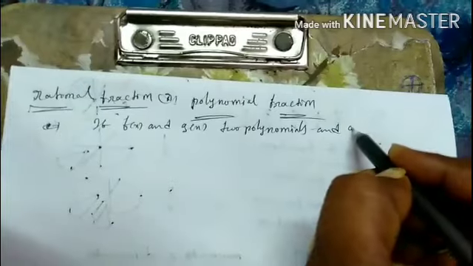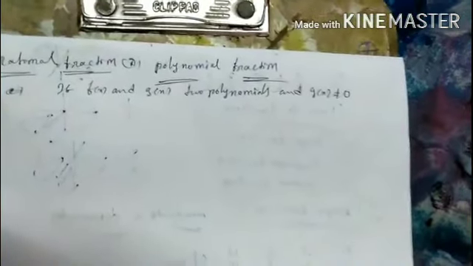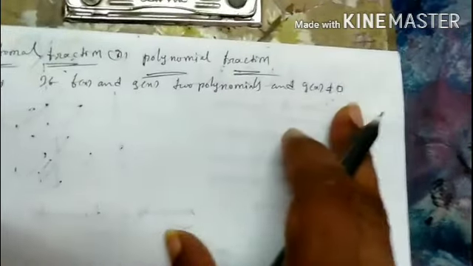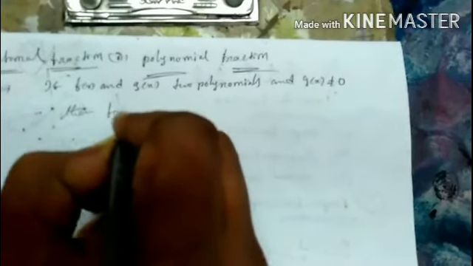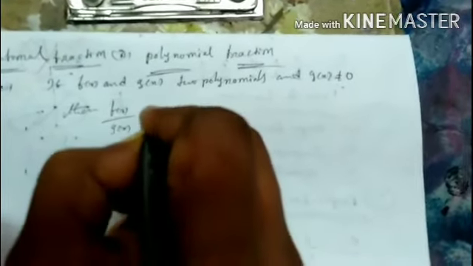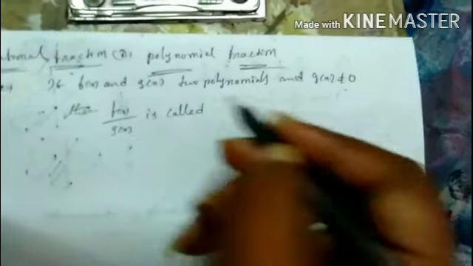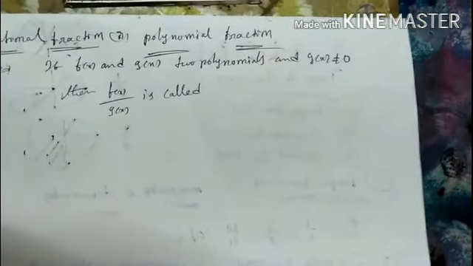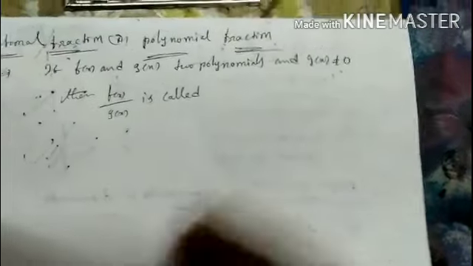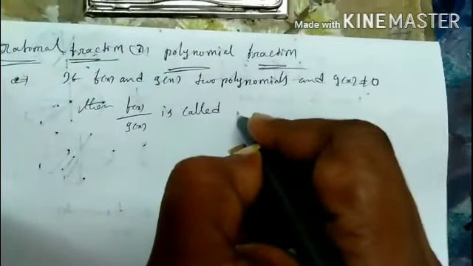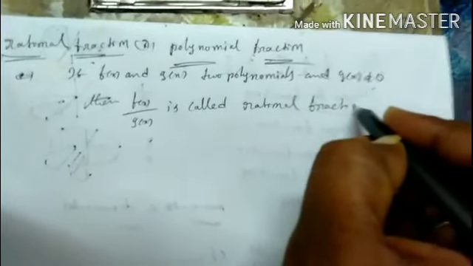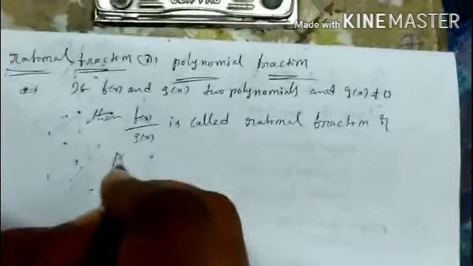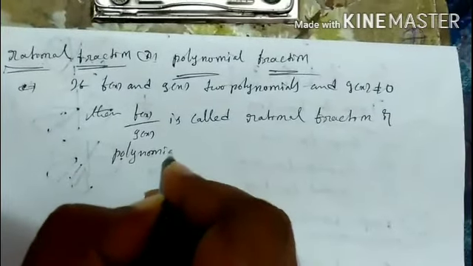If f of x and g of x are two polynomials and g of x is not equal to 0, then f of x by g of x is called a rational fraction, or polynomial fraction.